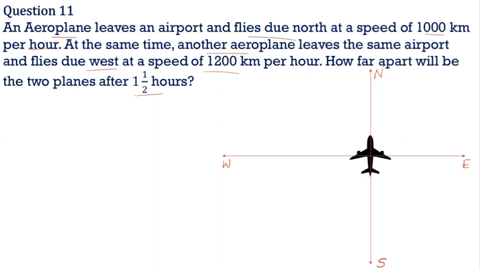Now see, there is an airport and an aeroplane flies due north. This is the airport. Point of intersection of lines is the airport. Now aeroplane flies due north and another aeroplane flies due west at the same time.